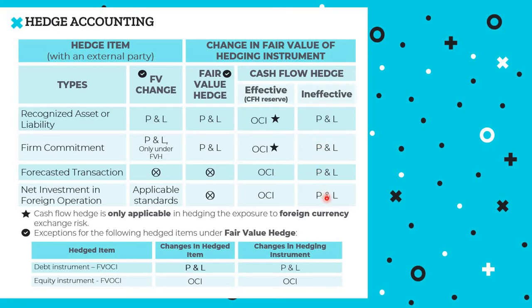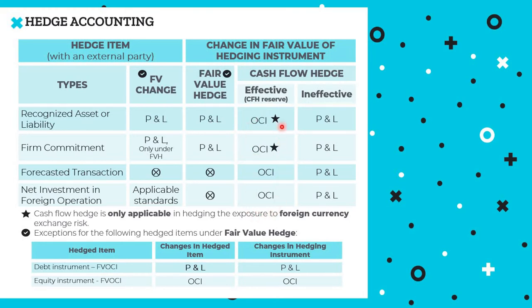So for our discussion sa ating mga sasagutang illustrative problem later in this video, ang ating changes in the hedging instrument will be assumed to be effective. So, wala tayong amount na i-allocate as ineffective, which means lahat ng changes will be considered as effective. Kaya mamaya, lahat ng amount na designated as hedging instrument, doon natin ilalagay sa OCI lahat ng ating changes.